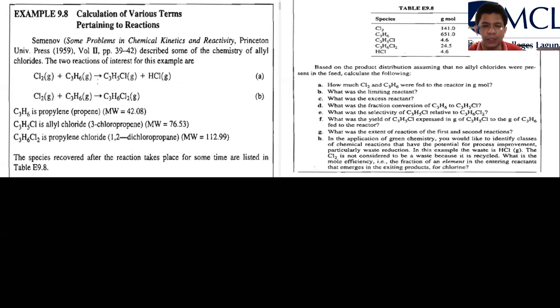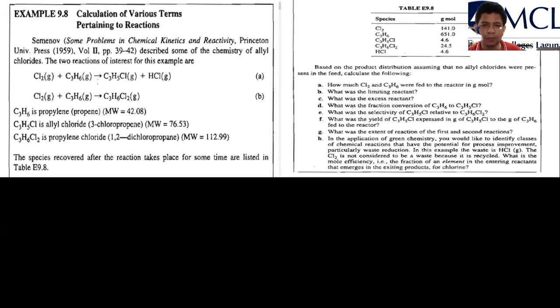So as you can see, in the end of the reaction, you have 141 moles of chlorine, 651 moles of propylene, 4.6 mole of allyl chloride, 24.5 mole of propylene chloride, and 4.6 mole of HCl.